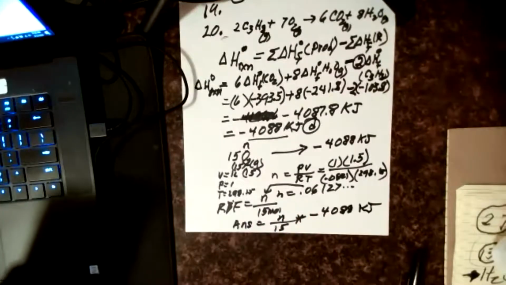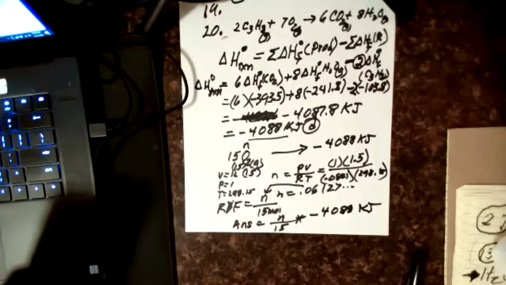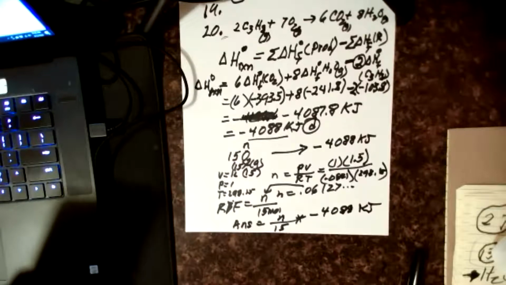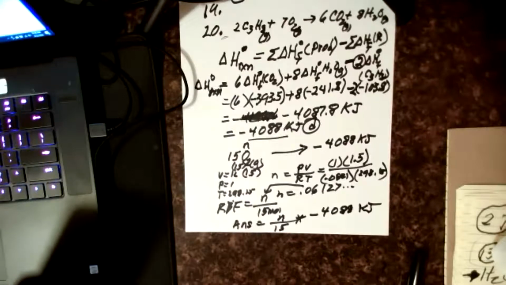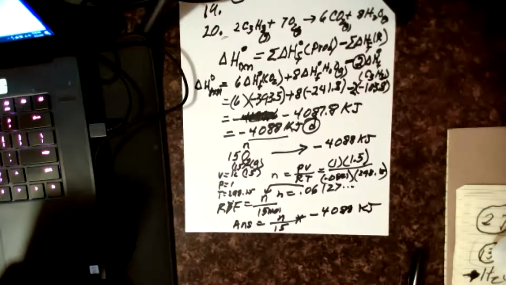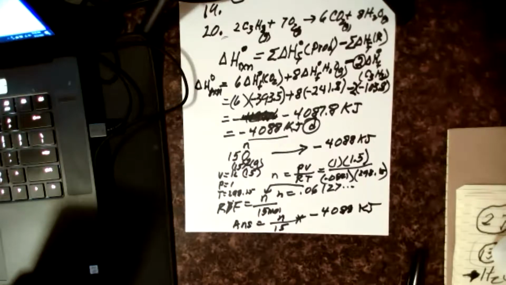Okay, so the number I've got on my screen is n. I want to divide that by 15, then multiply it by minus 4088. And I'm coming out with the wrong answer.